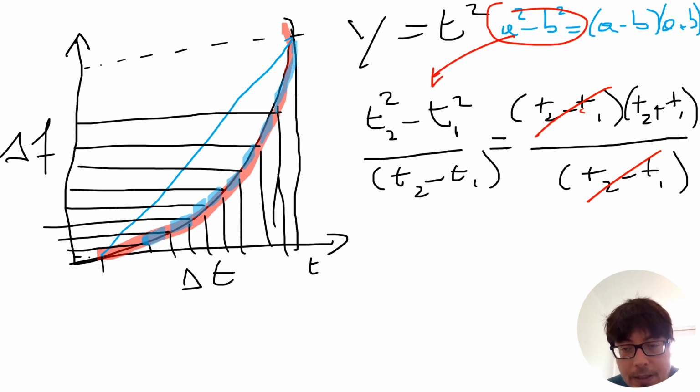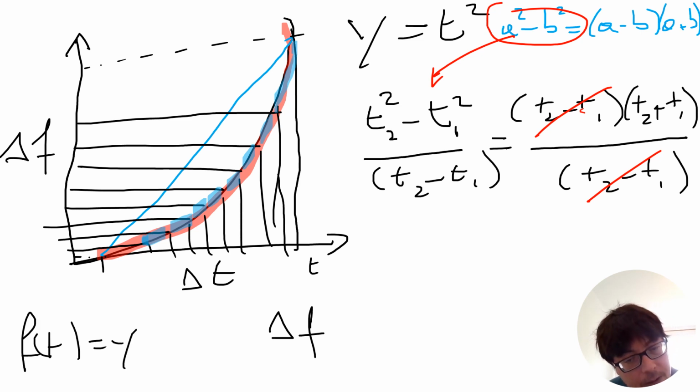In fact, they simplify, and we know that with this definition, our delta f, so our derivative, in this case, f of t is equal to y, which is t squared.